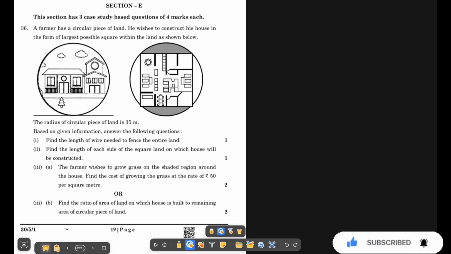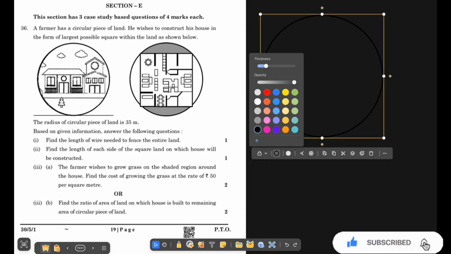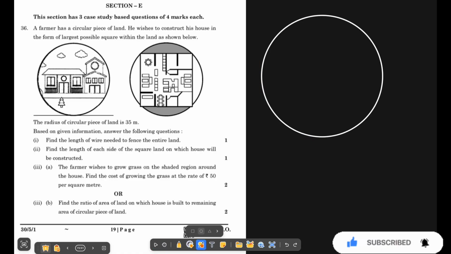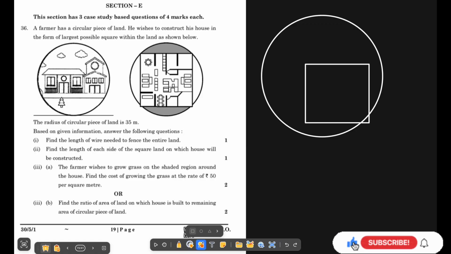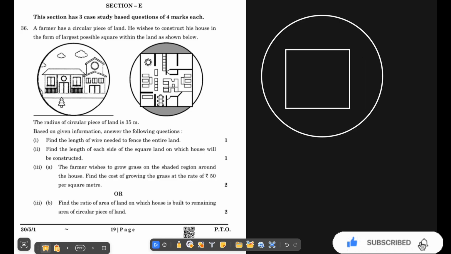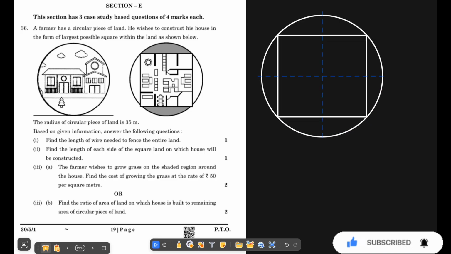Let's find it. Let's redraw the figure. So he has a circular land like this. So he wanted to construct a house in the square shape. Now, it is already given the radius of the circular field.